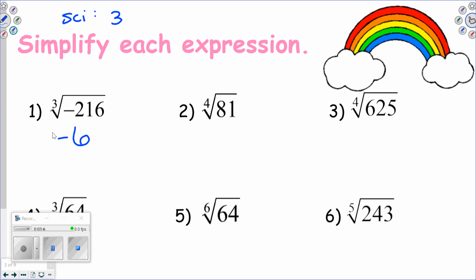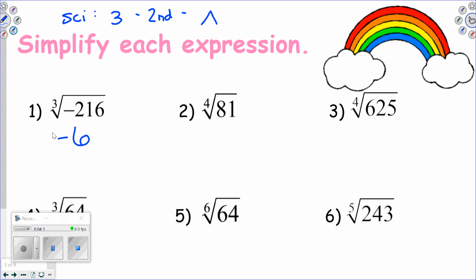And then you would hit second, and then the caret button, and then type in negative 216. It usually opens a parenthesis when you do it. Did it work that time? Okay. Anyone not able to figure that part out in the calculator?